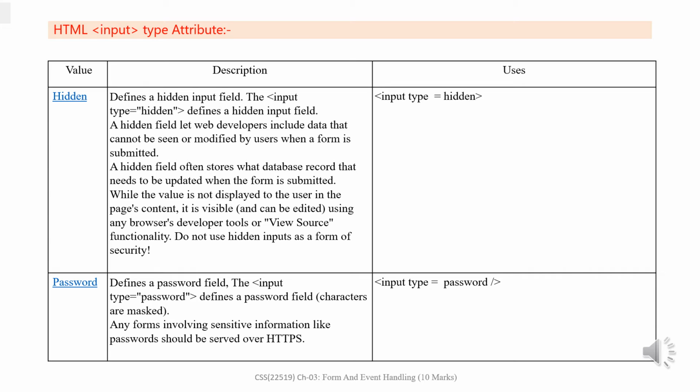While the value is not displayed to the user in the page content, it is visible and can be edited using the browser's developer tools or view source functionality. Do not use the hidden input as a form of security. Meaning if we think that hidden means secure, that if our data is hidden then it is secure, that is wrong.